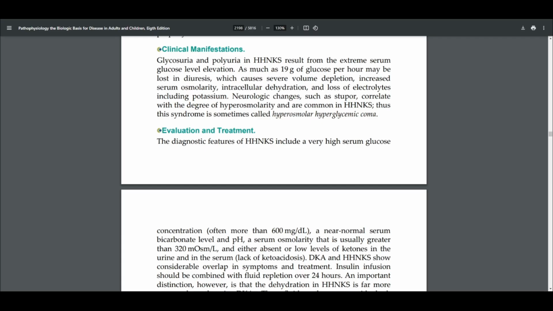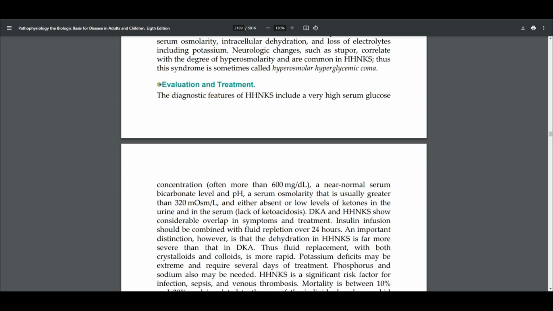Neurologic changes such as stupor correlate with the degree of hyperosmolarity and are common in HHNS. Thus, this syndrome is sometimes called hyperosmolar hyperglycemic coma.